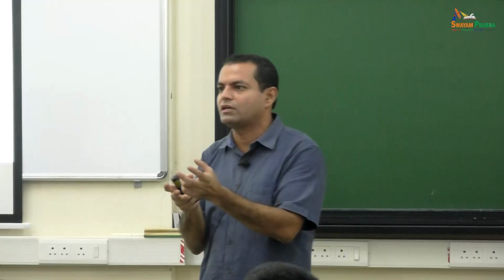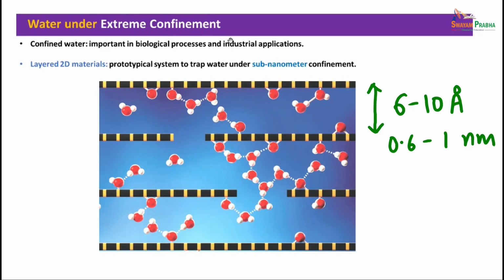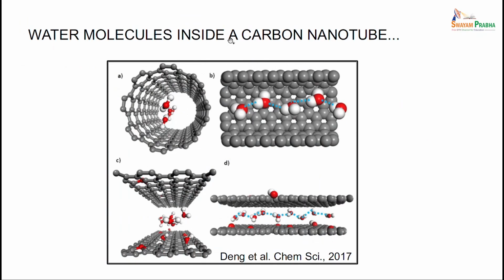Some are hydrogen bonded to themselves, some are free floating, and so on. Other people have studied, for instance, water inside a carbon nanotube, where in a single wall carbon nanotube you can have a line of water molecules which are hydrogen bonded. This bonding is so different from the hexagonal arrangement I had shown you much earlier.